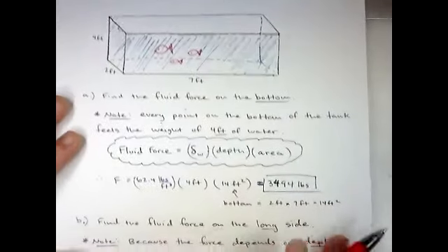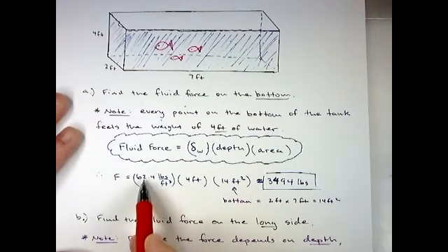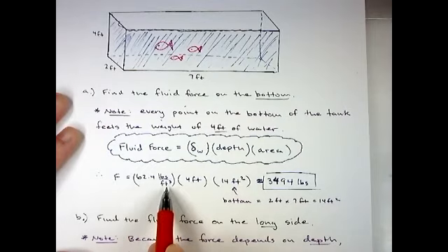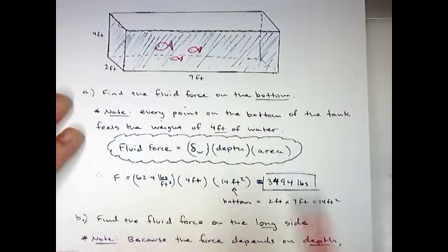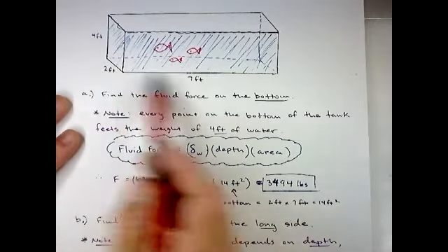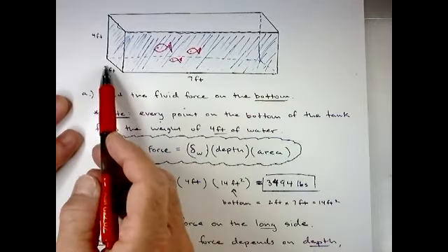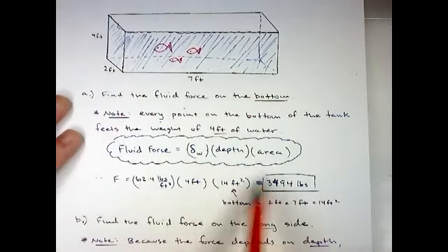I like to think about units here to help me work this out. So my fluid weight density is 62.4 pounds per cubic foot. The depth of every point on the bottom is 4 feet, and the area would be the cross-sectional area of the bottom. That would be 2 feet by 7 feet, so that is 14 square feet.